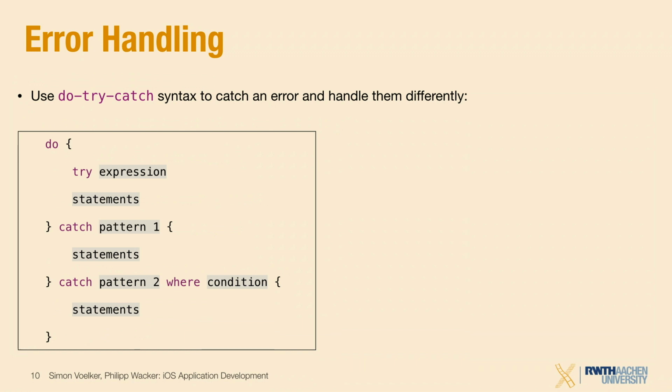So how does the try-catch environment work? Yeah, it's quite easy, because you can basically do these try-catch environments. You create a do scope, and in this do scope you create the try. So you call your expression here, and then you basically catch all these different parameters.